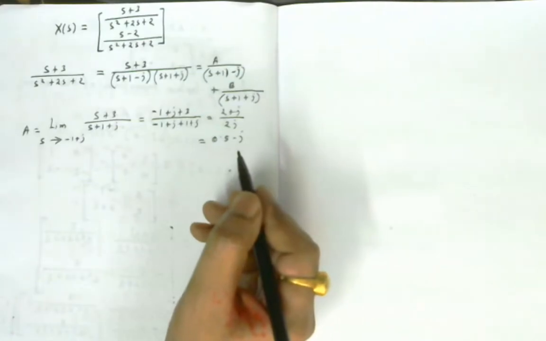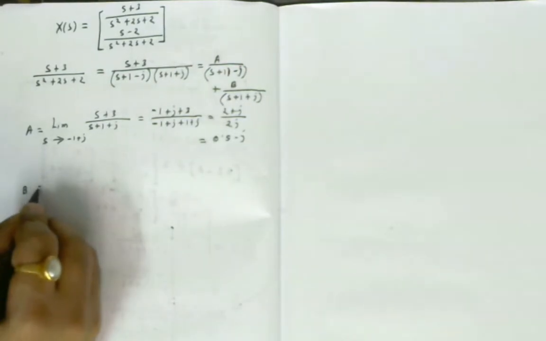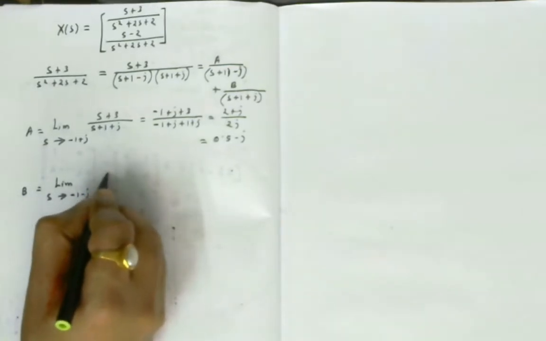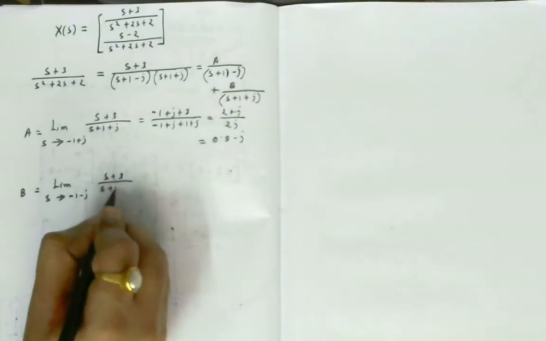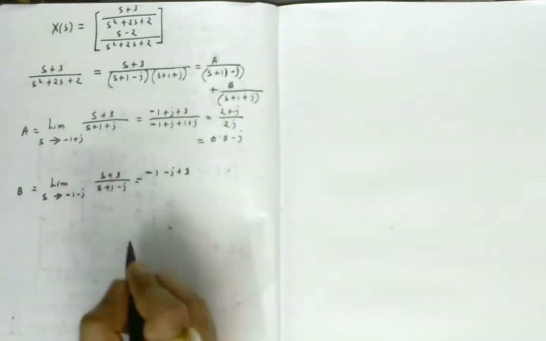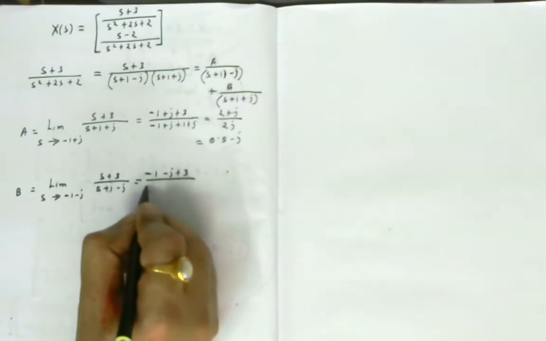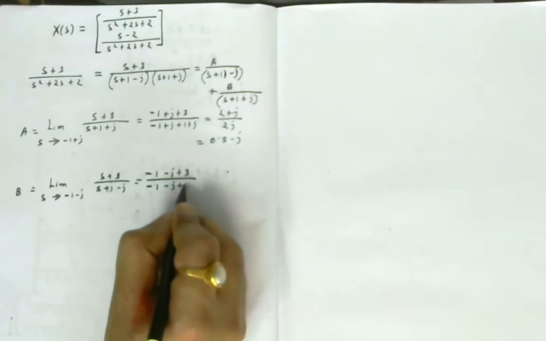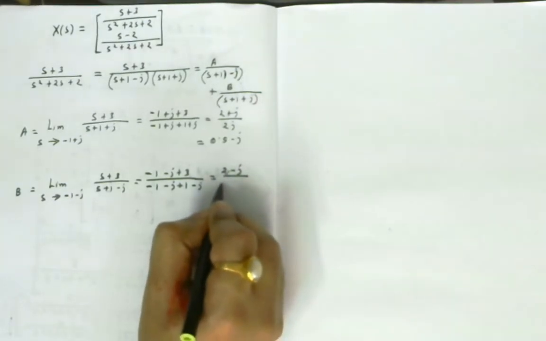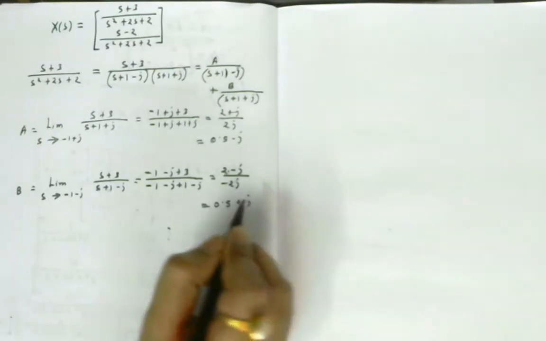So 0.5 minus j, this is for A, and what about B? That will be 0.5 plus j.